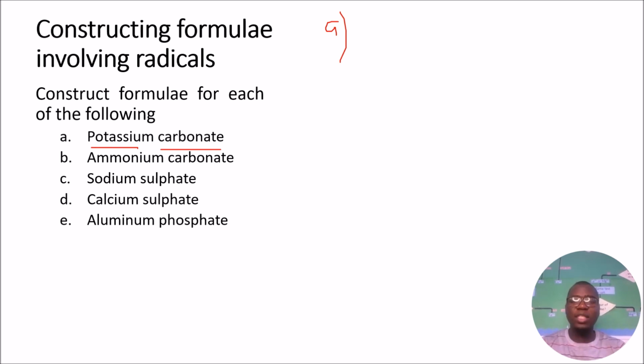Now remember we are dealing with radicals, and I did mention that you are supposed to memorize the radicals. So your first task is to make sure you come up with a mnemonic that will help you to memorize the radicals. All right, so there is potassium and there is carbonate. So carbonate is a radical. So we're going to write our potassium, which is our K, and our carbonate, which is our CO3.